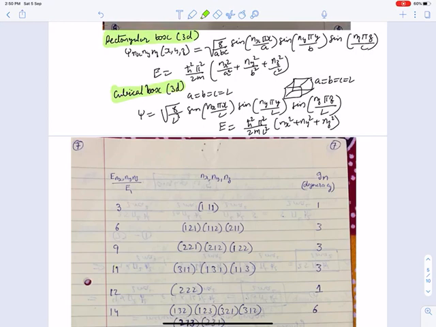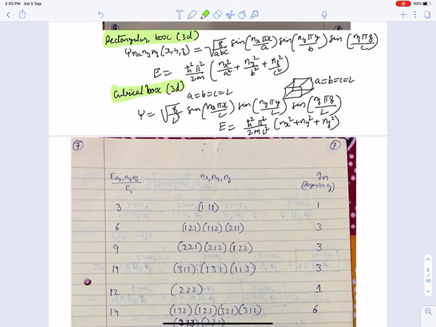A non degenerate state means one eigenstate has one corresponding eigenvalue. But when many states, many wave functions, have one corresponding eigenvalue, then they are called degenerate states, and the levels are called degenerate levels, and this is defined as degeneracy.